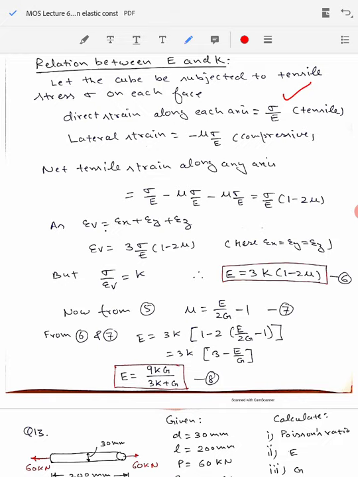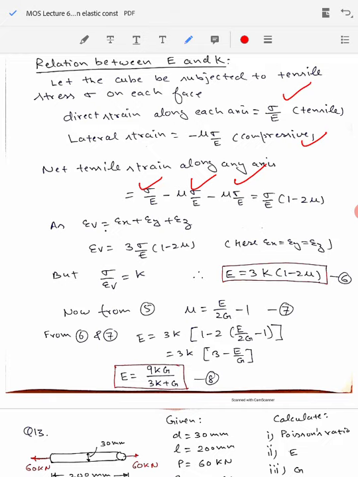And the lateral strain is the strain caused because of the stresses acting in the directions perpendicular to the original direction. So that is mu times sigma by E, and as it will be of the opposite nature, it will be compressive. So it will be minus mu times sigma by E. So the net tensile strain along any of the axes will be equal to the sum of the direct strain plus the other two perpendicular direction strains, that is the lateral strains.